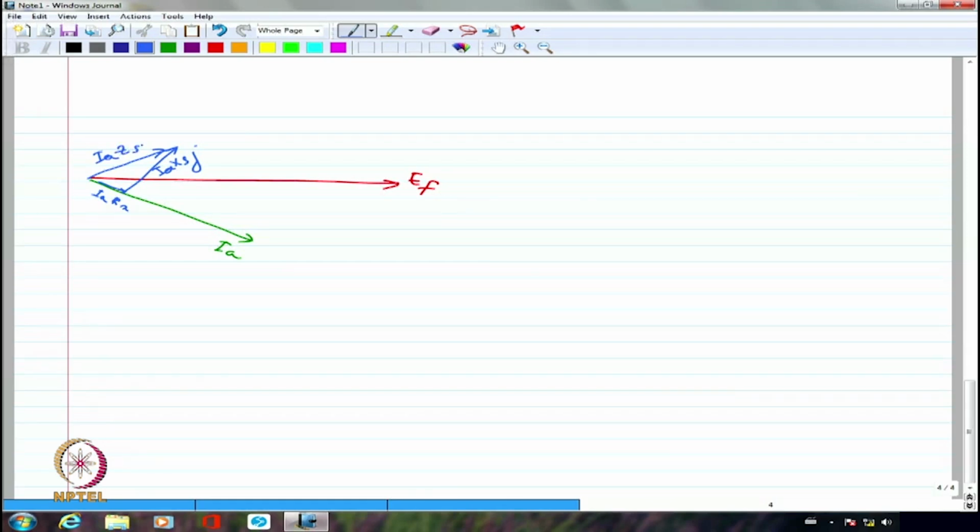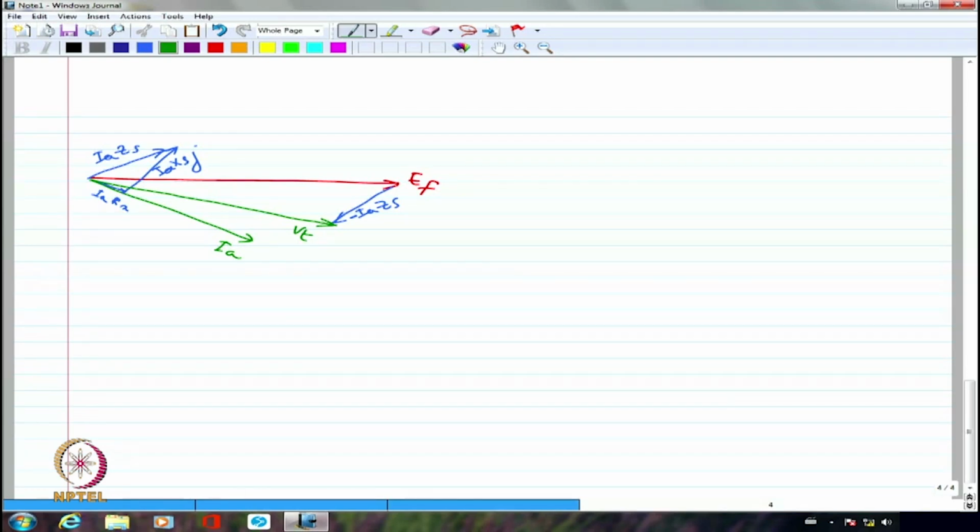What I need to do is to subtract this Ia Zs from here. This is minus Ia Zs. Ef minus Ia Zs will give me Vt. Please note, Vt will generally always lag behind Ef in a generator.